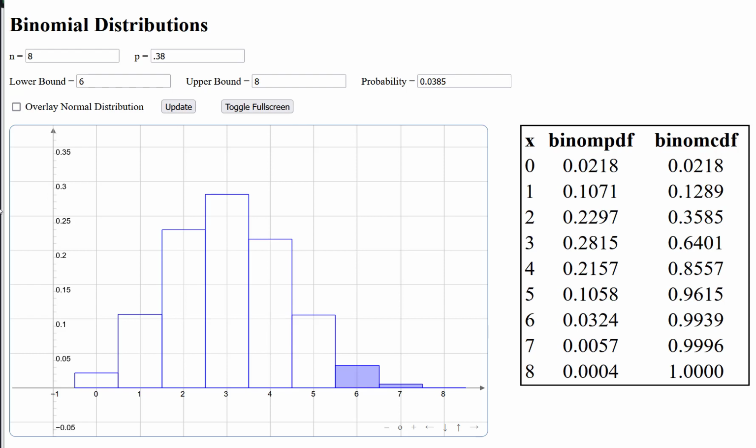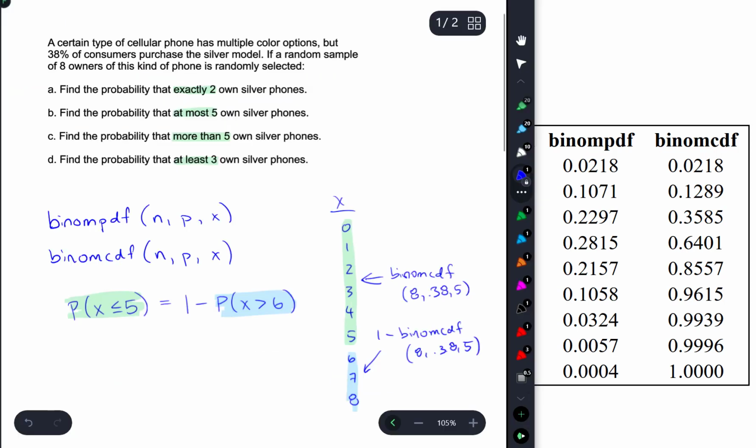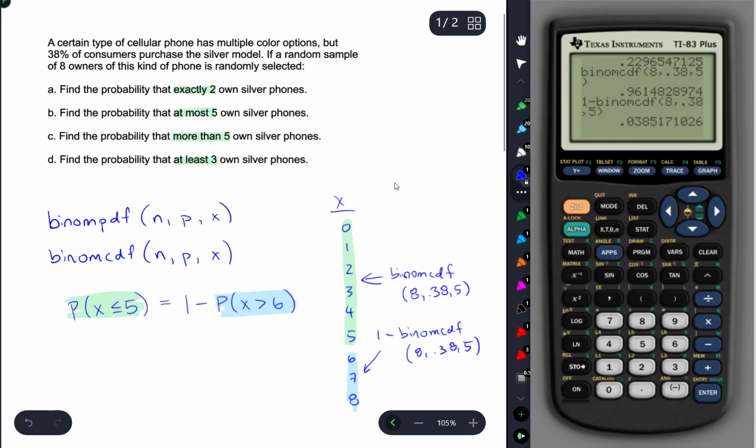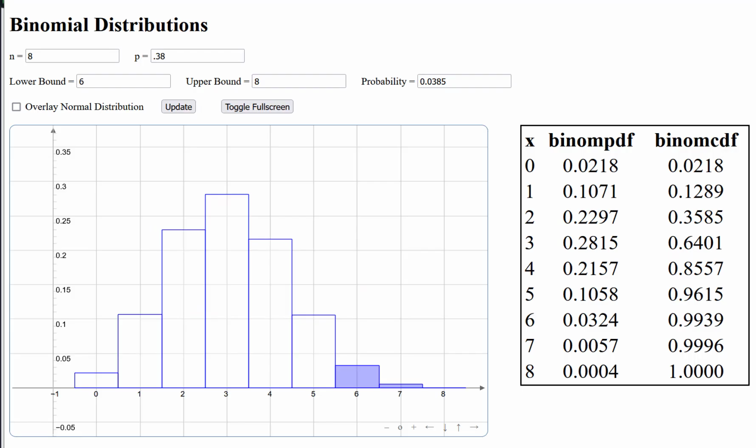Okay, the very last one is probably the most difficult one because we have to do two things at once here. So we want the probability that at least 3 own silver phones. So make sure you understand this logically first, what's meant by at least. So at least, just ask yourself, is it less than 3 or greater than 3 to begin with?